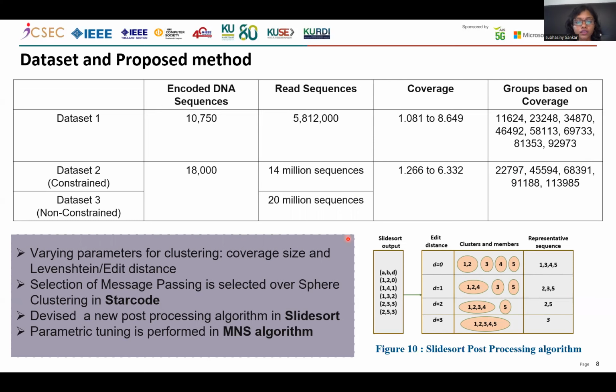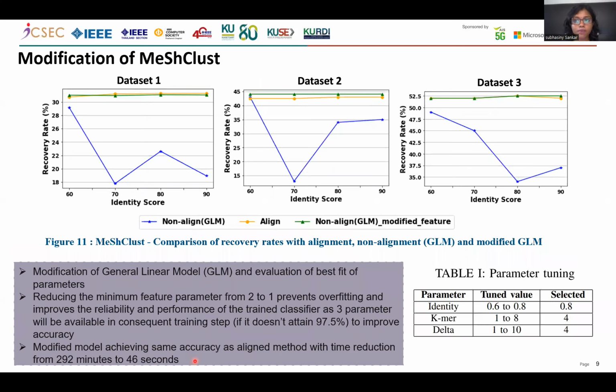And the different algorithms are tuned, like Starcode, Slide Sort, MNS, and MeshClust. For Starcode, message passing is selected because of its highest recovery rate. In the case of Slide Sort, a new post-processing algorithm is designed to determine the clusters and estimate the representative sequence. And for MNS, parametric tuning is done. In the case of MeshClust, we work on two modifications.